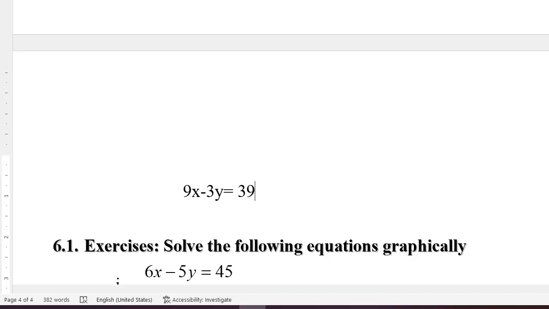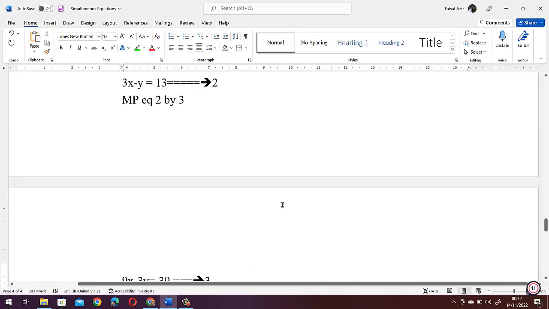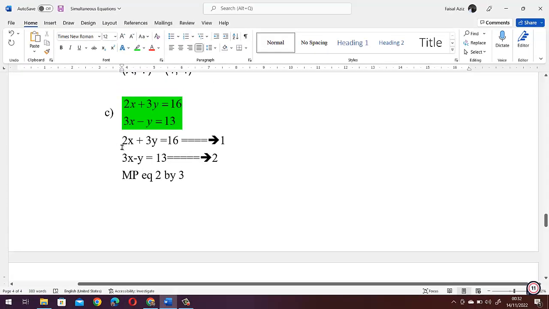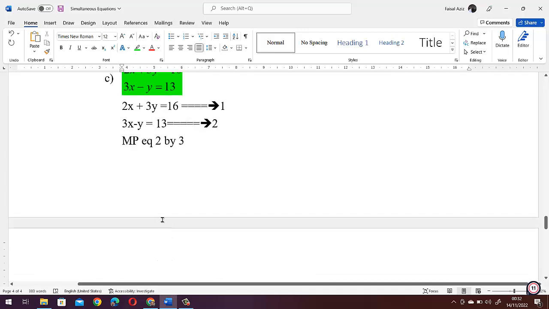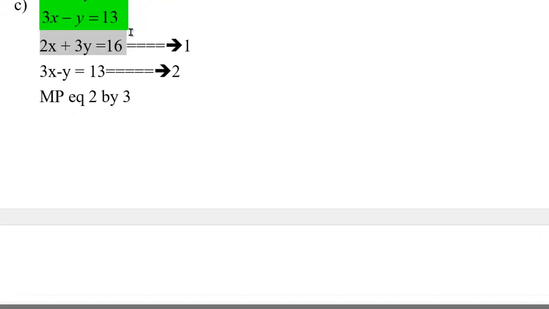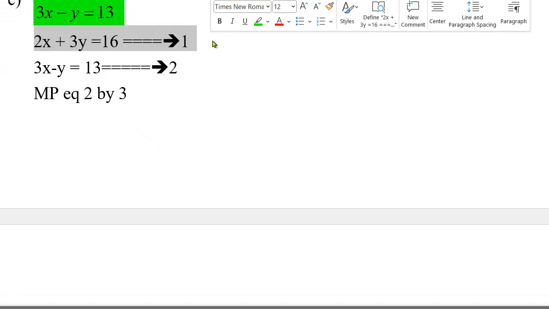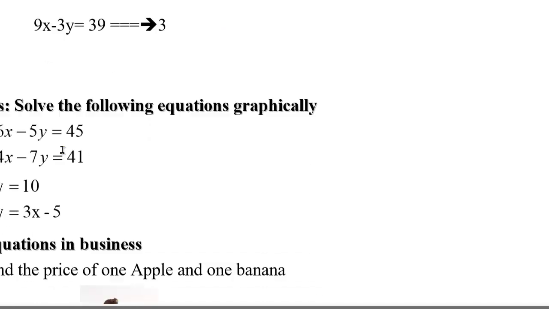This is one equation and I am giving it a name, let's say this is equation number 3. Now I'm going to add both equations. This is equation number 1 and the new equation, equation 3, after multiplying equation 2 by 3, is 9x minus 3y equal 39. So let me copy equation 1 here. This is our equation number 1.